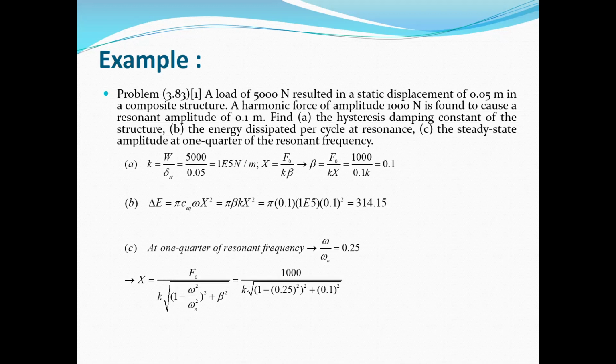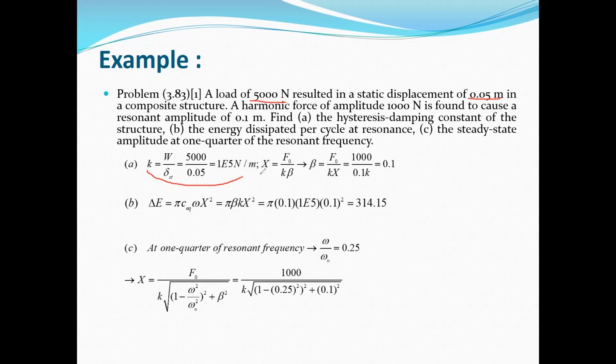It's easy. You only need to substitute into the equation. For part A, when we want to obtain the hysteresis damping constant, we have the load, which is 5,000, and the static deflection, which is 0.05. So we can easily obtain the stiffness, and it's equal to about 0.1 meganewton per meter.